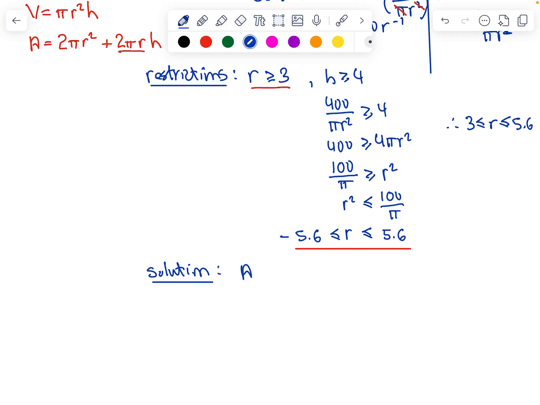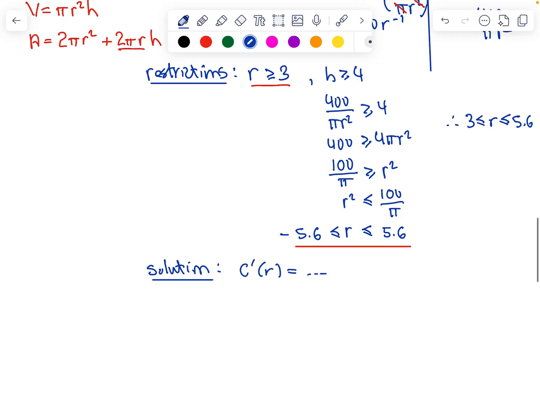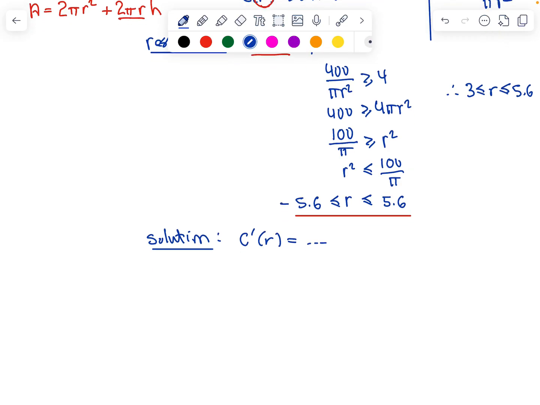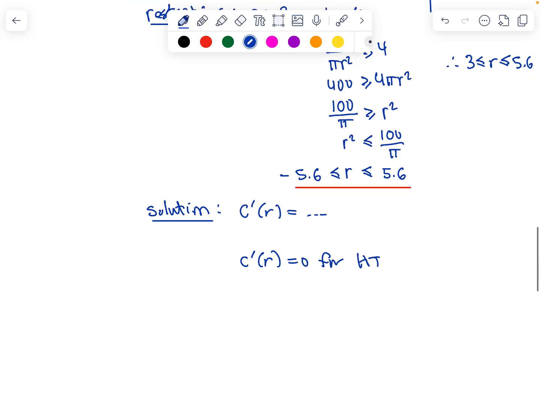Sorry, not area, the derivative of the cost in terms of the radius. Okay, we get our derivative, and then we would do c prime at r equals 0 for horizontal tangents.